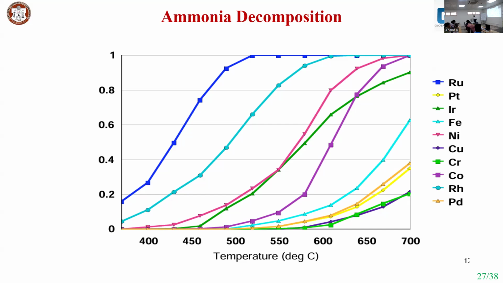The cost per kg is about 5,000 rupees or 10,000 rupees. But buying this catalyst, there's no use at all. Even buying 10 grams of the lithium catalyst gives a higher rate of ammonia decomposition, and we can think about that also.